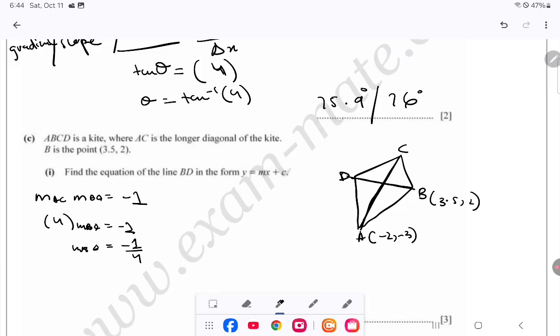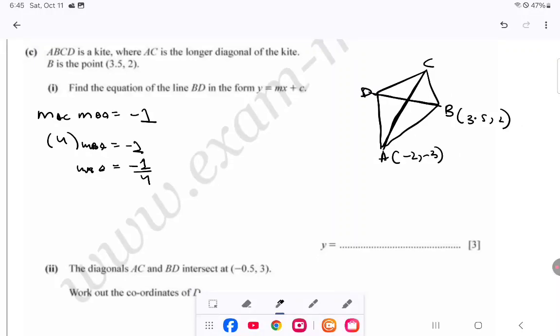So in order to calculate c, y = mx + c. y is 2, m is -1/4 and x is 3.5, plus c.